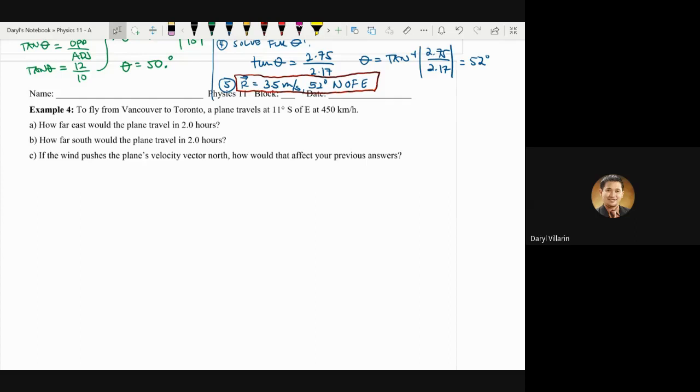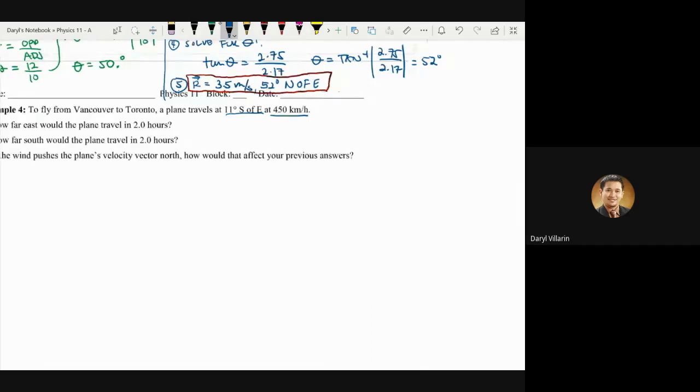So let's take first the first question. We're given that the plane is moving at this velocity and the direction is 11 degrees south of east. To represent that, it would be in the fourth quadrant.